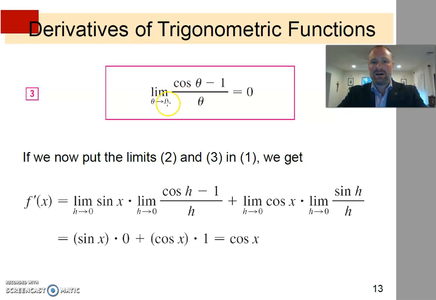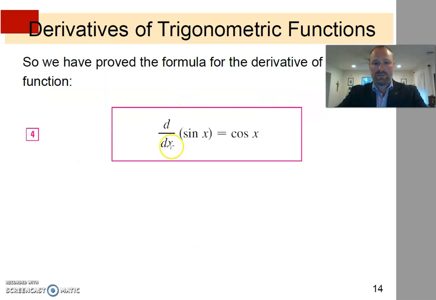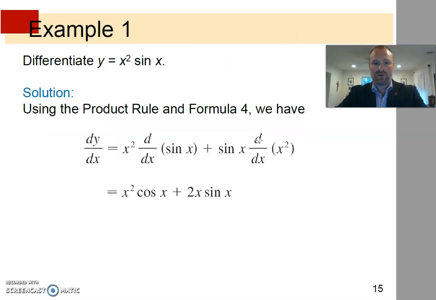So the limit as theta approaches 0 of the cosine of theta minus 1 divided by theta equals 0. So that's an important one for us to remember. The derivative of the sine of x is always going to equal the cosine of x.